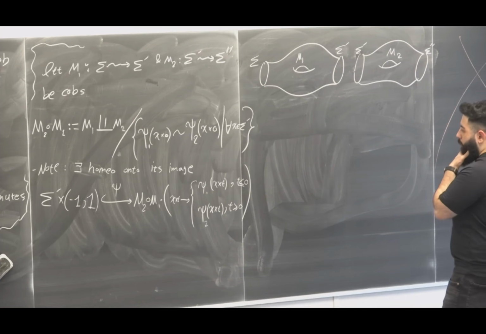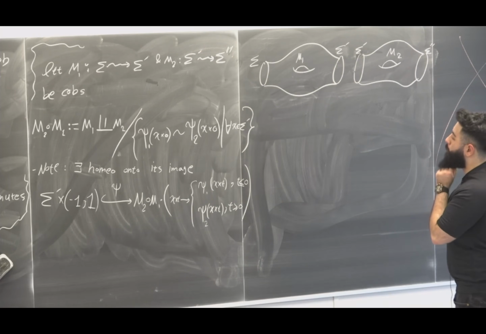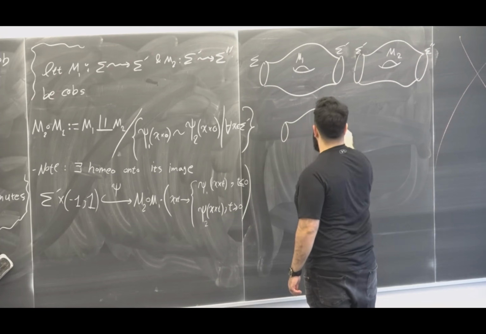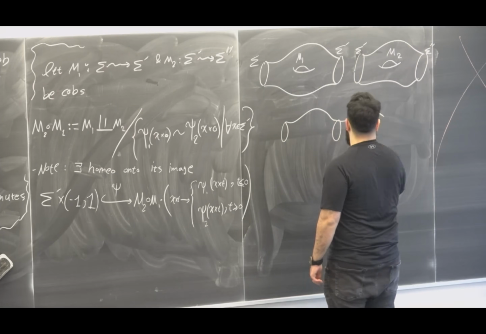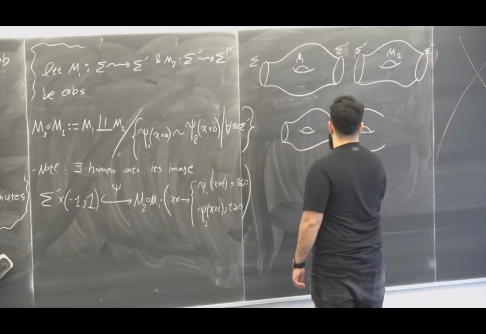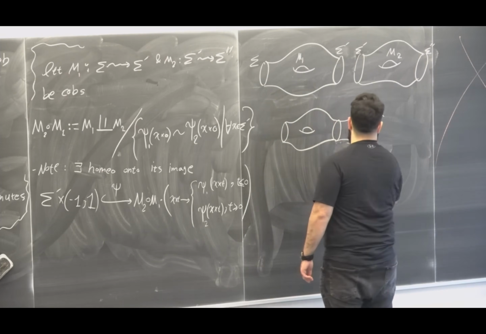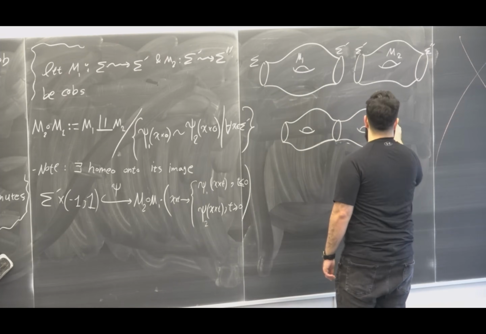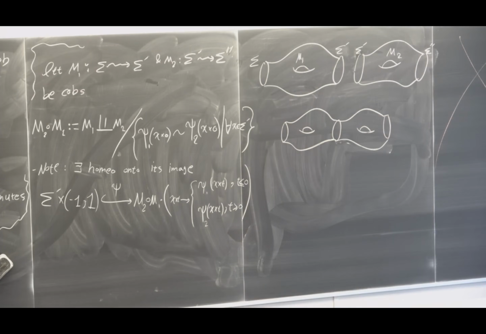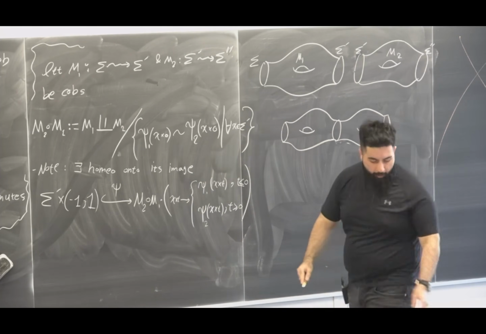So what will happen here is that the open interval around sigma, let me just glue them first, becomes like so. And we had our colored neighborhoods around sigma prime.